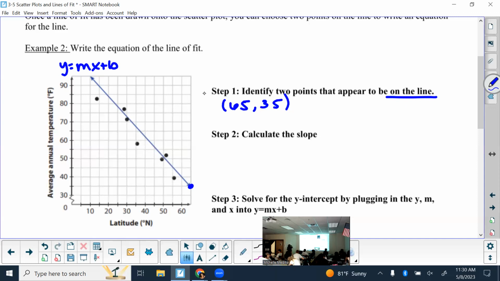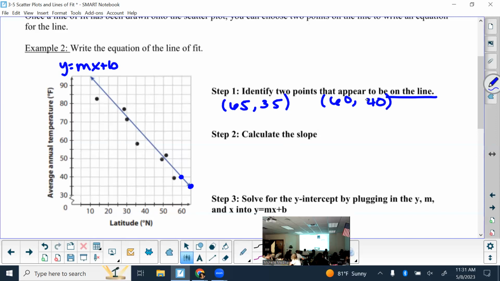Like earlier, someone said 30 and like 72, 73. Try to see if you can find it where it goes nicely through the grid line. Tyson? 60, 40. So yeah, I agree. That one's directly on the line.